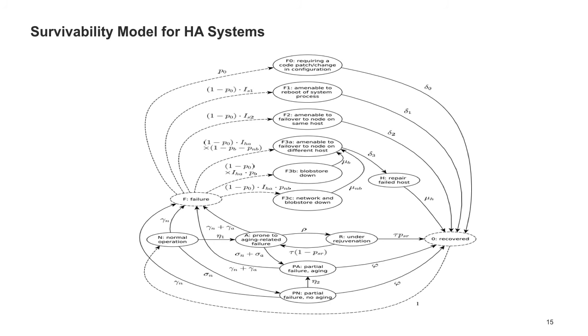Here we have additional states for the failover depending on the architecture of the system, where we also have a shared blob store and manual repair of a failed host.